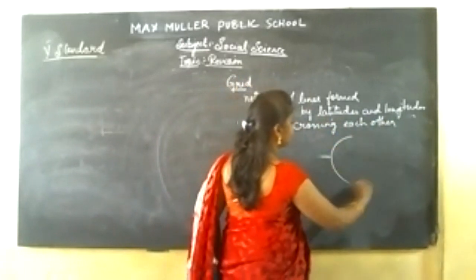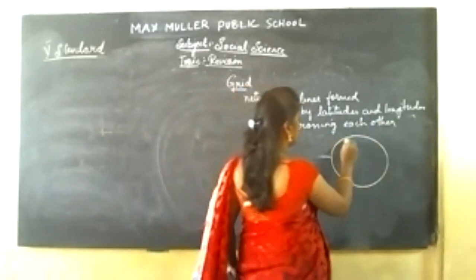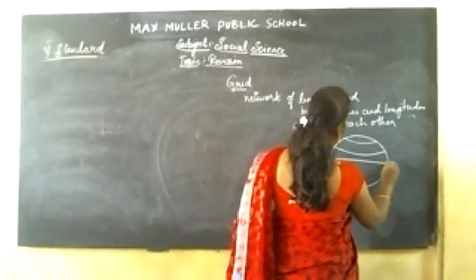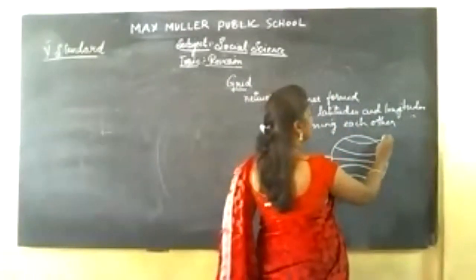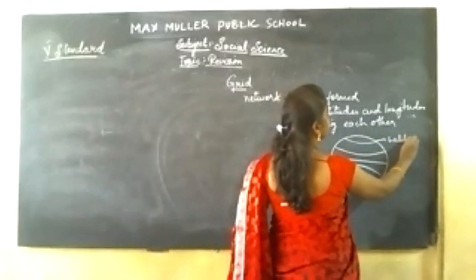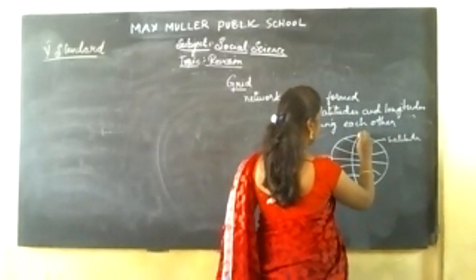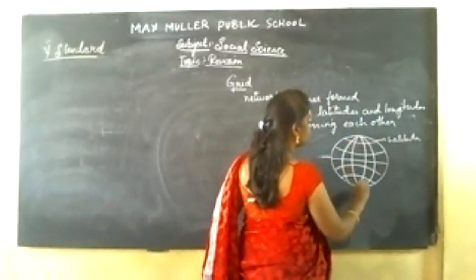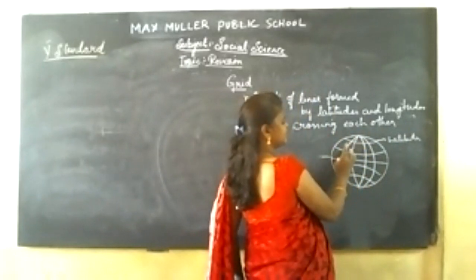So now I'm just drawing a model of Earth. So these are the latitudes, and even the longitudes are here. So what's happening here? The latitudes and the longitudes are crossing each other.